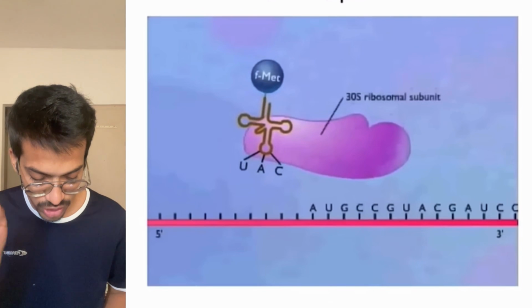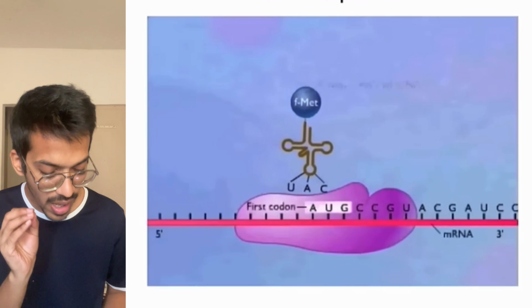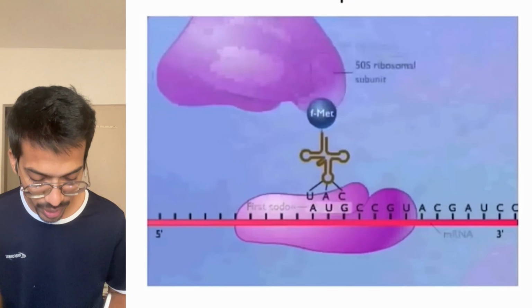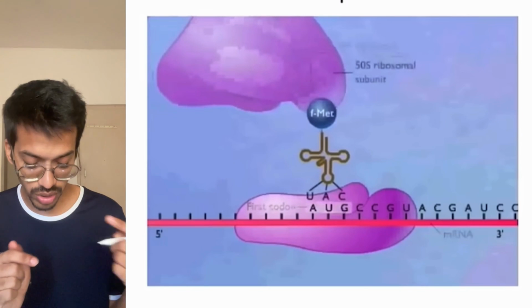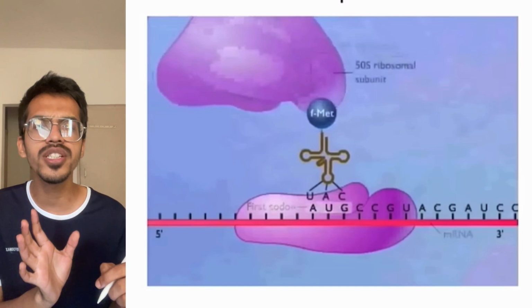In the same way, the smaller subunit of the ribosome comes and attaches to the mRNA at the first site. Can you see that the first point written over here is the codon? Here the first codon would be AUG. Codon is what?